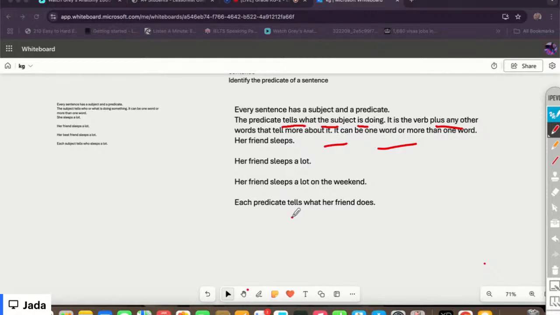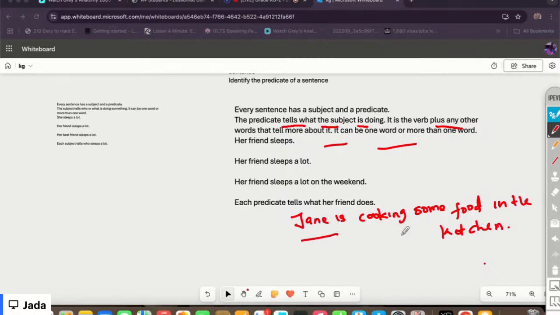So, we could have Jane. Now we have Jane is cooking some food, let's say in the kitchen, right? Okay. Now we know that Jane here is the subject, and then we will say, what is Jane doing?